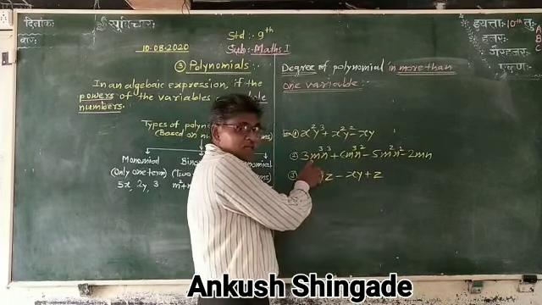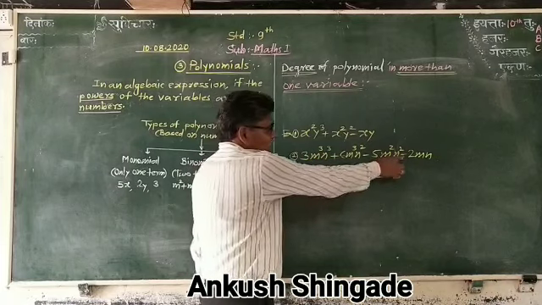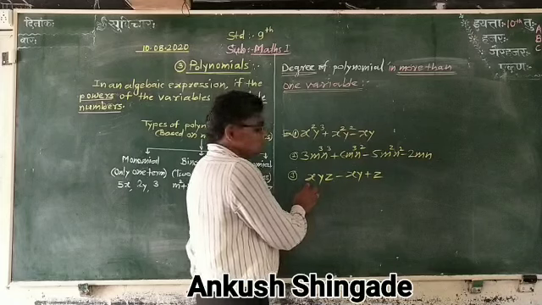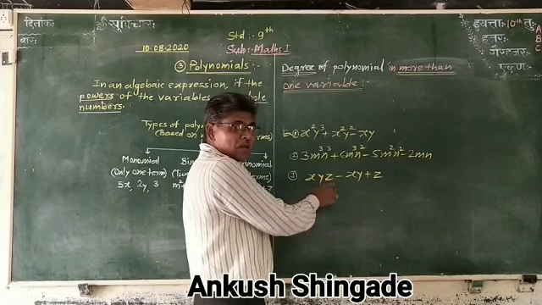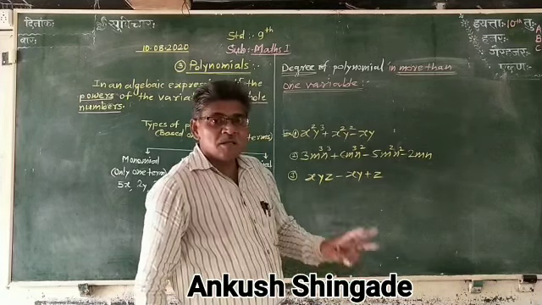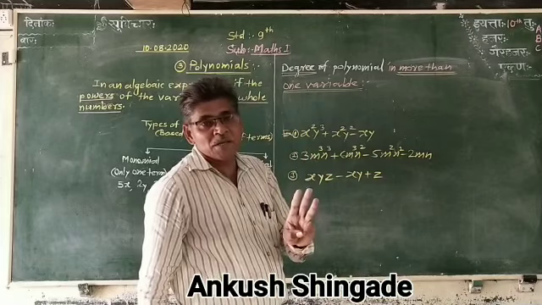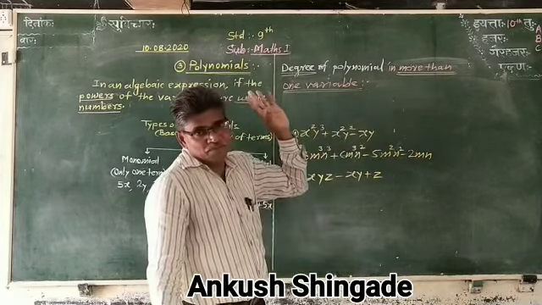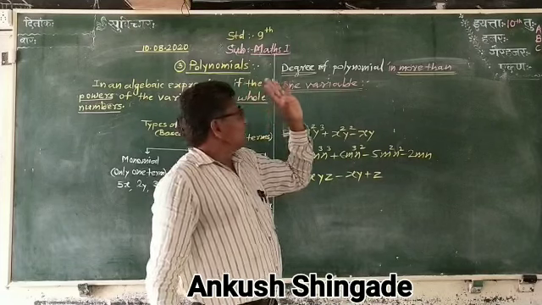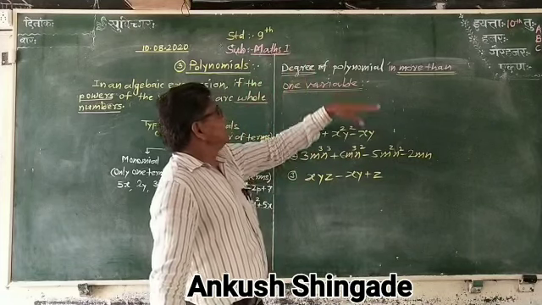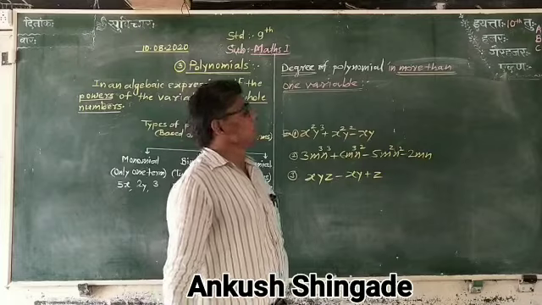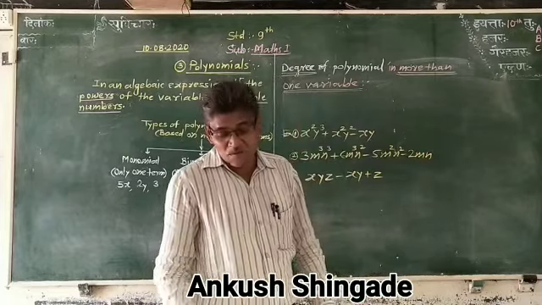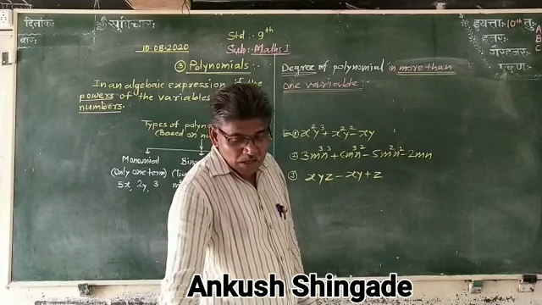Here also in the second example, m and n are the two variables. In the third example, x, y and z are the three different variables. That means the variables are more than one. Now let us study the degree of the polynomial in more than one variable.